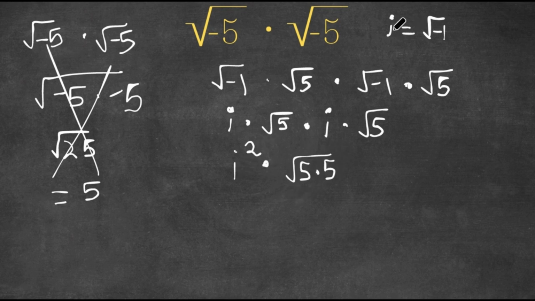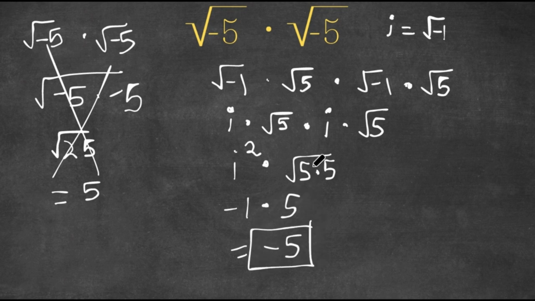Now i is equal to the square root of negative 1, so i squared would equal negative 1. And I'm multiplying this with the square root of 5 times 5, which is simply just 5. So now I have negative 1 times 5, which is equal to negative 5. So negative 5 is our answer.